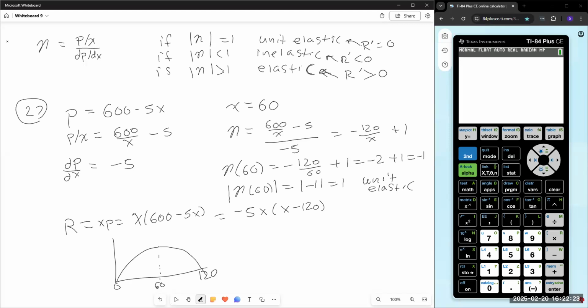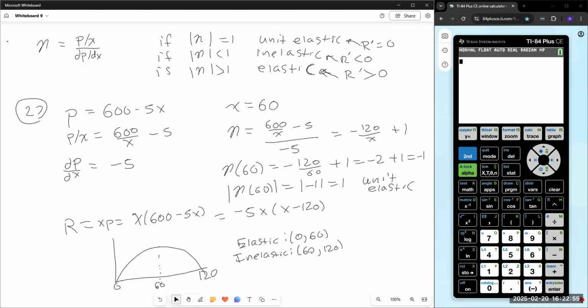It will be elastic from 0 to 60, and will be inelastic from 60 to 120. And we're unit elastic because we're right there in the middle between where it's elastic and inelastic.